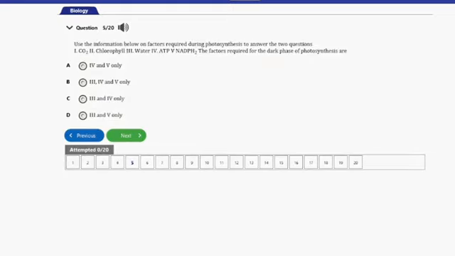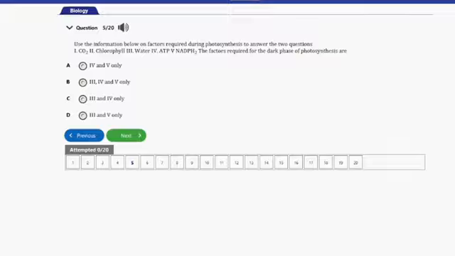That's question number 5 here. It says, use the information below on factors required during photosynthesis to answer the 2 questions. We have I, CO2, II, chlorophyll, III, water, IV, ATP, V, NADPH.